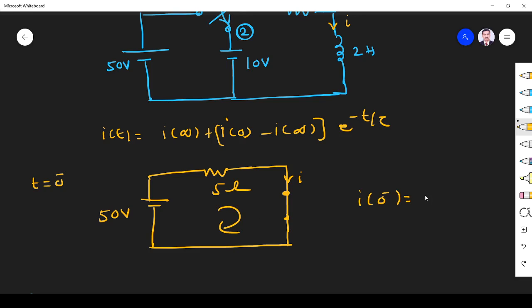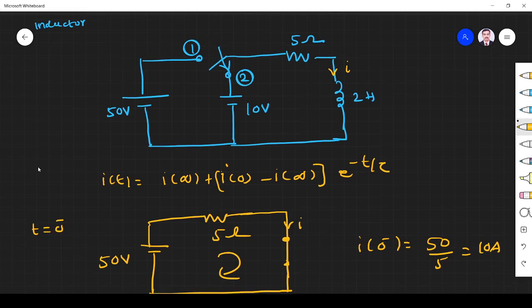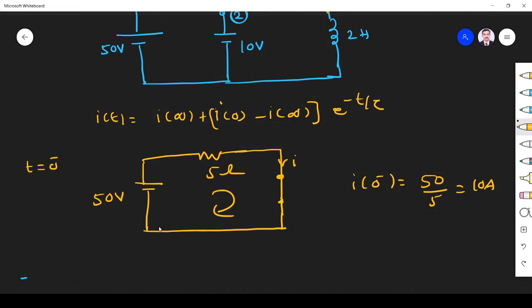I0 minus is V by R, 50 by 5, it is 10 ampere. The inductor cannot change the current immediately. So I0 minus is equal to I0 plus, that is equal to I0 is equal to 10 ampere.